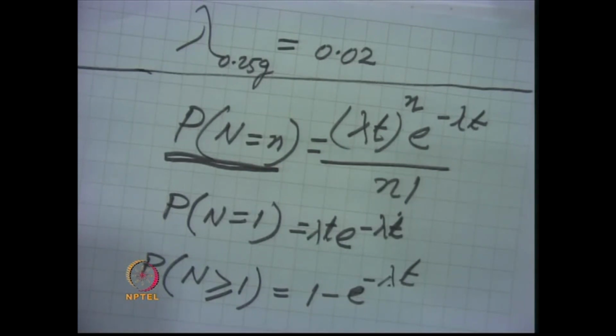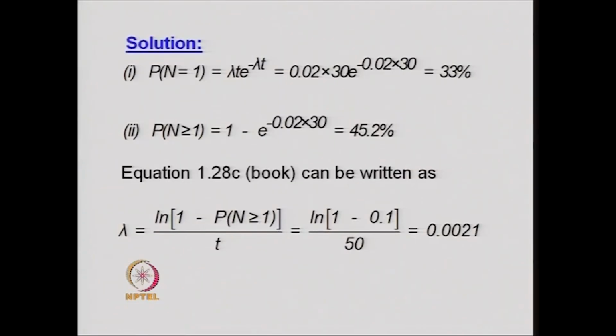The time period is 30 years, and then e to the power minus lambda t. So that gives a result of 33%. So the answer to the first question, that is the probability of occurrence of one event, is 33%.